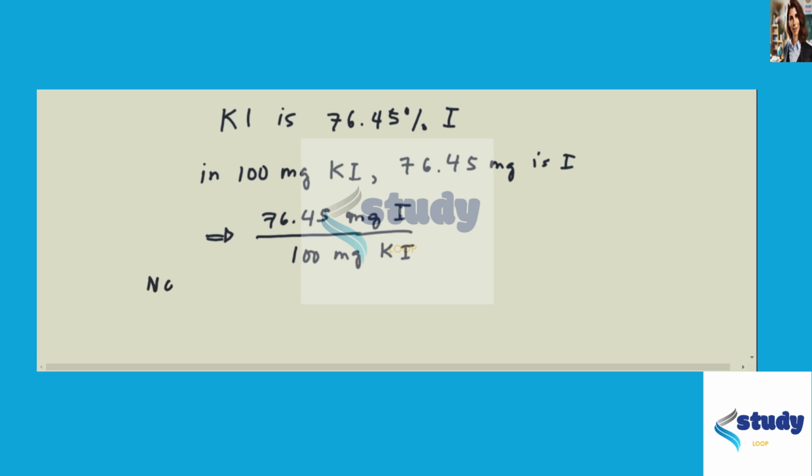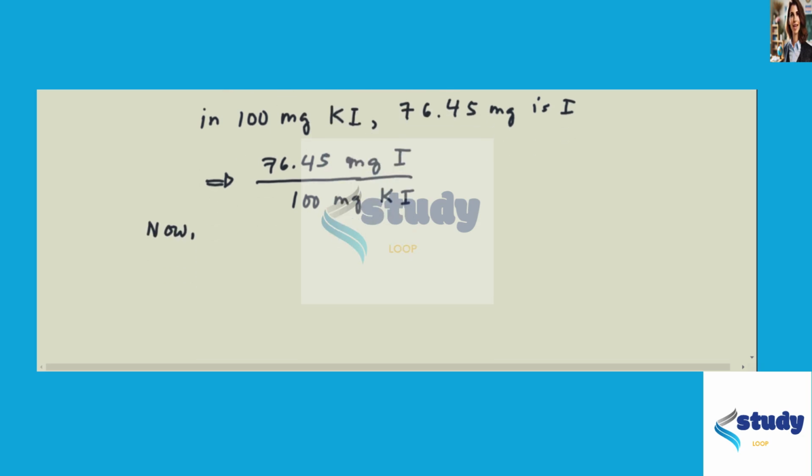Now, by ratio and proportion, we wish to find the amount of potassium iodide that is needed in order to provide 150 milligrams of iodine, which is the recommended daily allowance for iodine per day.